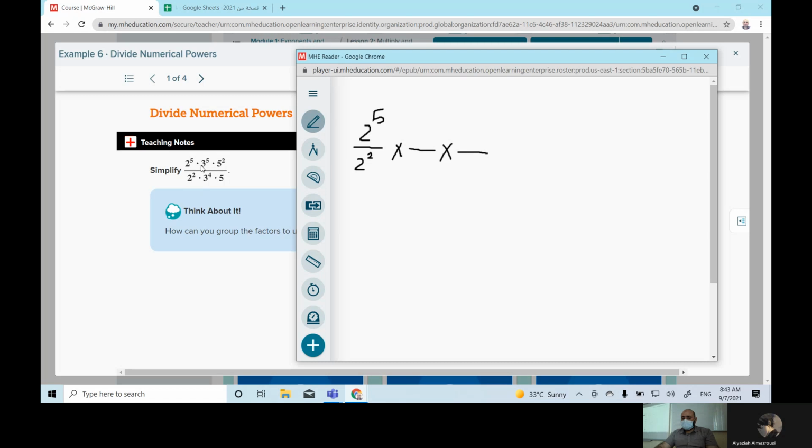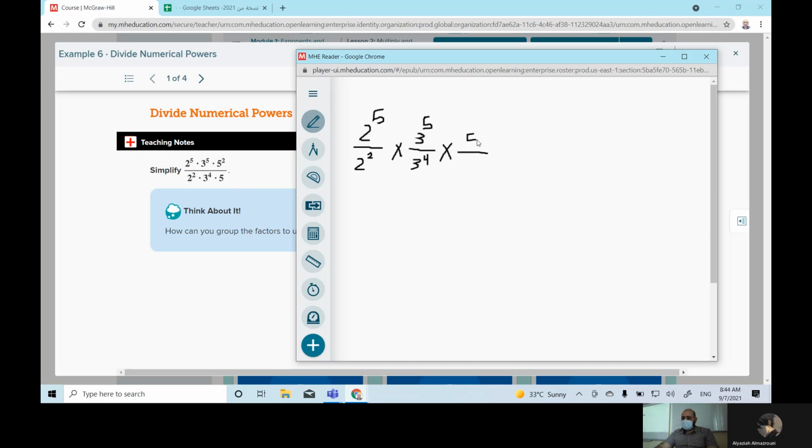Then here, as you see, we have 3 and here 3. So take here 3 exponent 5, and here 3 exponent 4. Then here we have the base 5 and here the base 5.